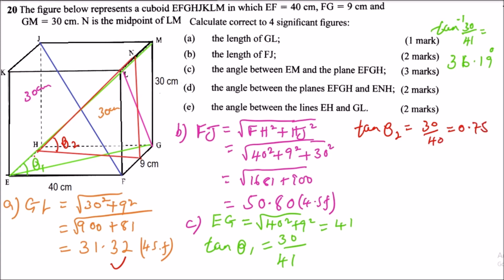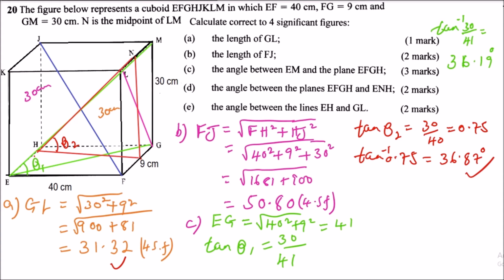Then we get tan inverse of 0.75. That should give us the angle. Use your calculator to get the tan inverse. Hope you know how to do that. 36.87 degrees, and you get yourself 2 marks.